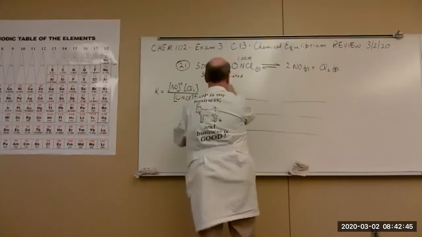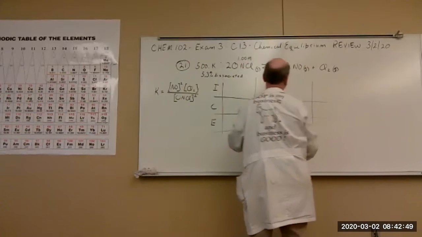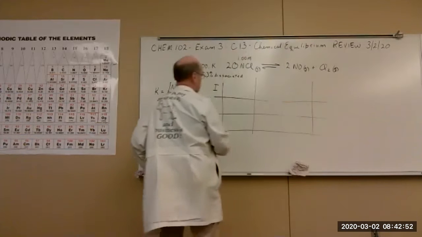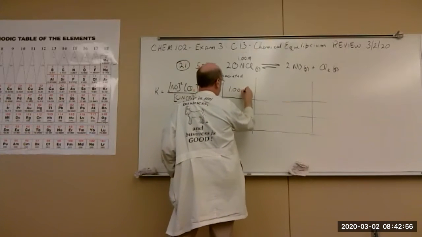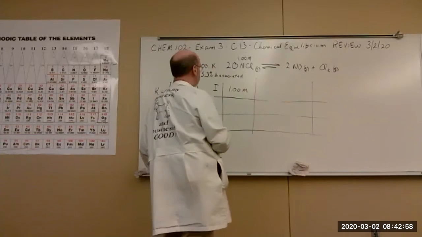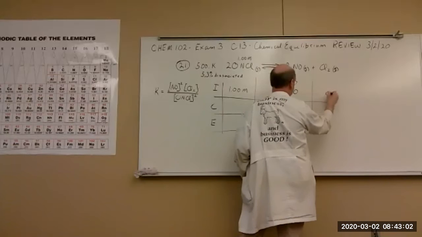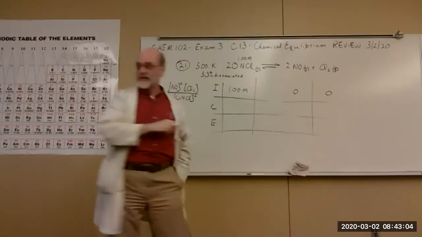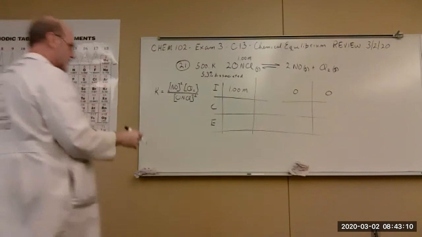Then we got this one here, and we got these two here. Okay, so what's our initial concentration? 1 molar there. And we're starting off with 0 here, aren't we? As if we put that in a container. It's placed in a 1 liter container, and then it proceeds to equilibrium.